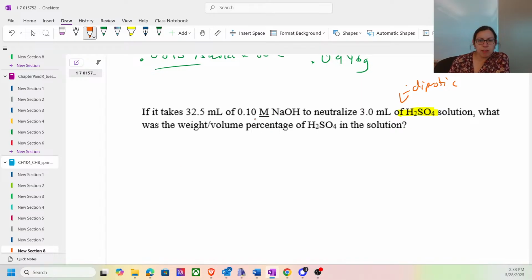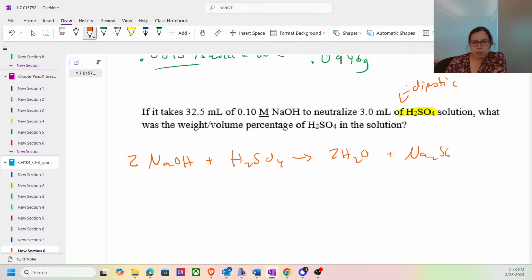So the first thing I'm going to do is write out our balanced equation. So 2 equivalents of sodium hydroxide plus 1 equivalent of sulfuric gives us 2 equivalents of water, and then sodium sulfate, which would be aqueous in solution.